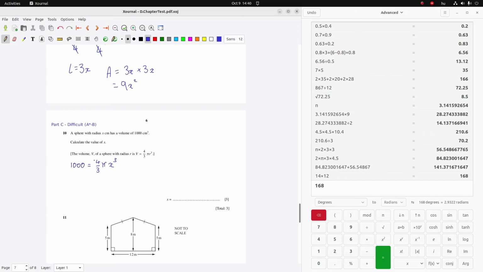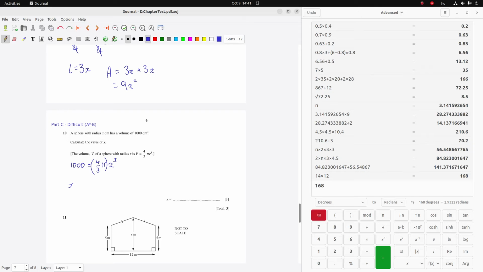Another way of looking at this is that this whole thing is just a number, and we're multiplying it by x cubed. The opposite of multiplying is dividing, so we divide by this, so that it will cancel on this side, and on the other side we're going to get a weird number.